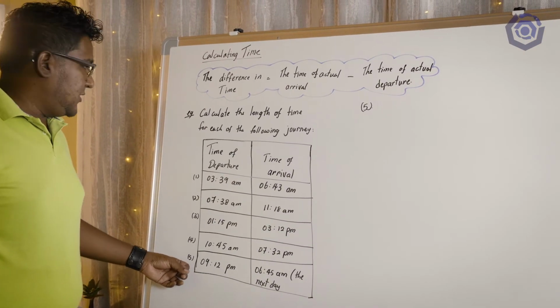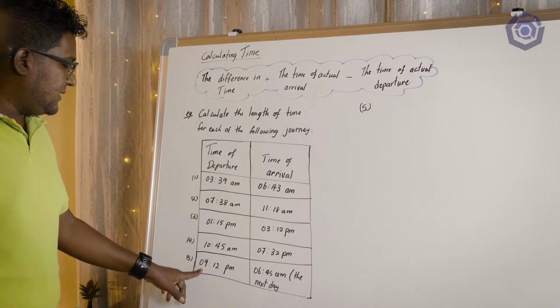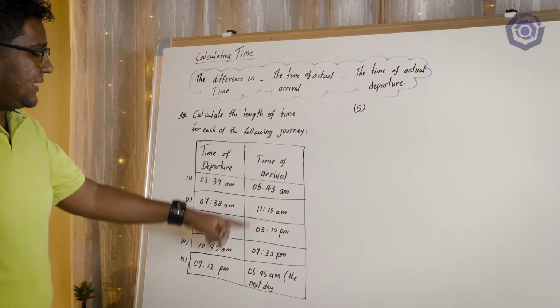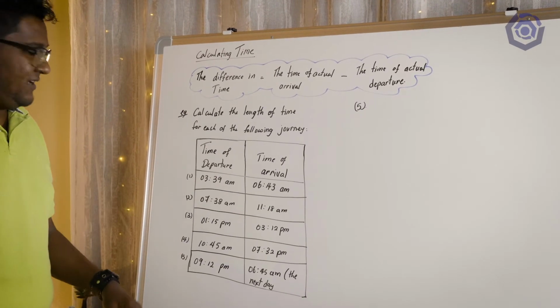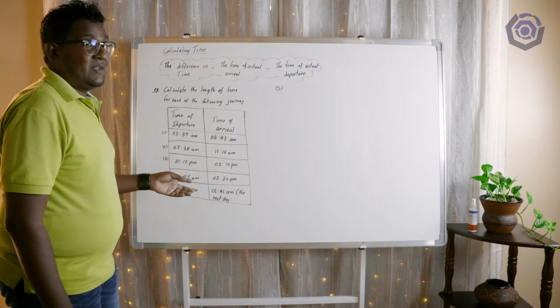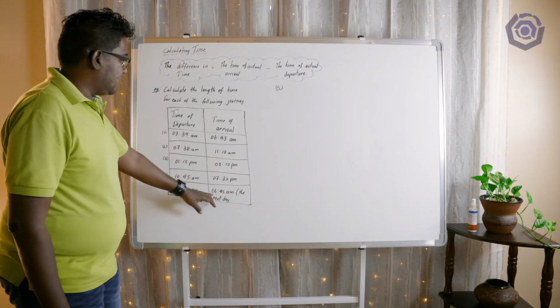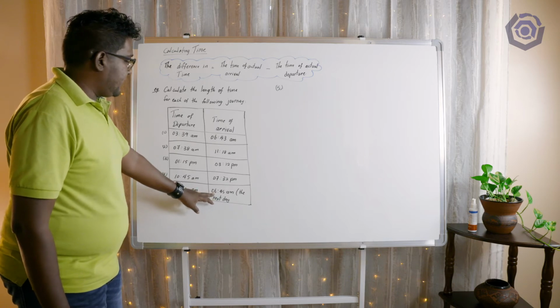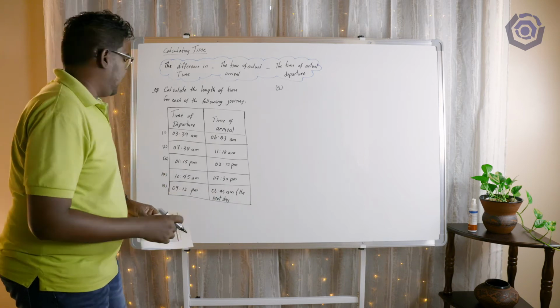And our final example, the departure time is 09:12 p.m. and the arrival time is 06:45 the next day. That means this person is leaving at 9:12 in the night and arriving at their destination at 6:45 in the morning.